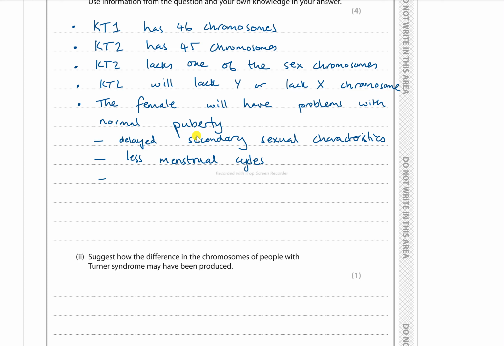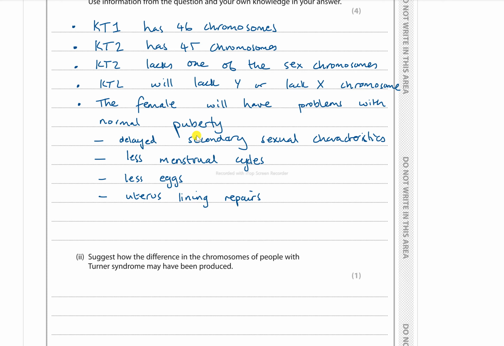What else would it be? You might produce less eggs or no eggs, ovum. When you're trying to become pregnant, your uterus lining might not repair.